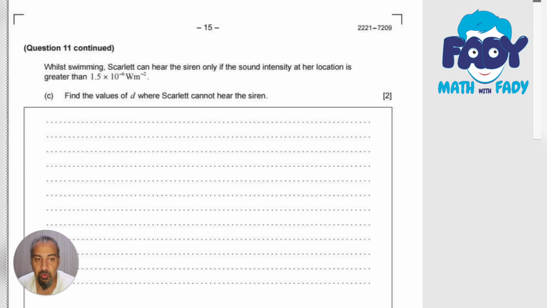So the given information says that Scarlett can hear the siren only if the sound intensity I at her location is greater than 1.5 times 10 power negative 6. So we would write I more than or equal to 1.5 times 10 power negative 6. This is the given information.